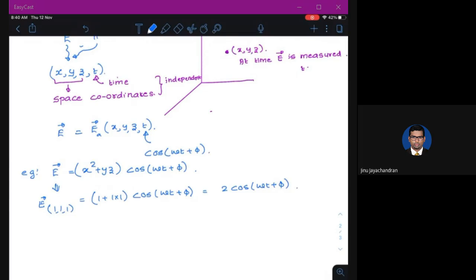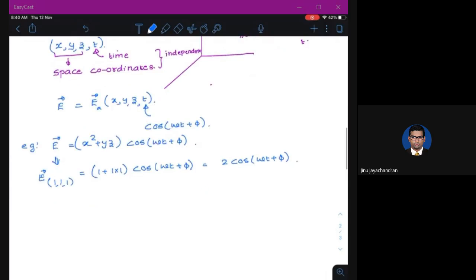Okay, this is just to give an example. So you see that you can separate the time dependence and the space dependence. So this is the space dependence and this is the time dependence.